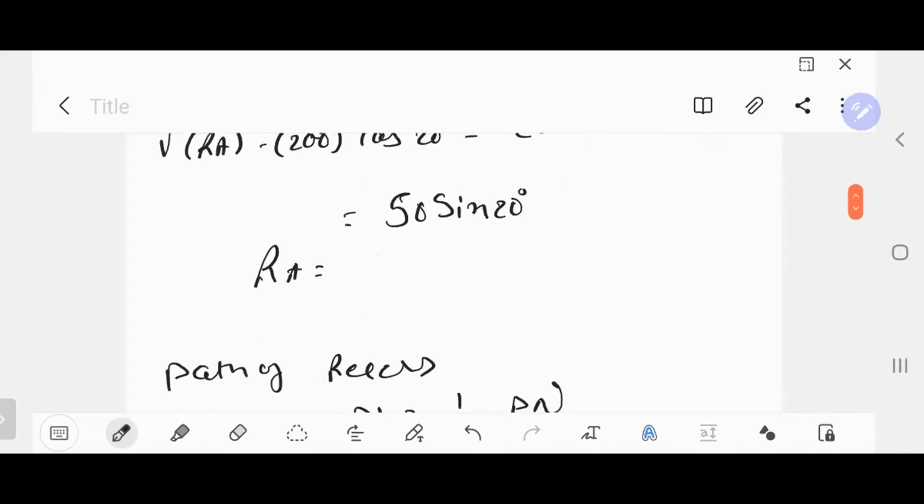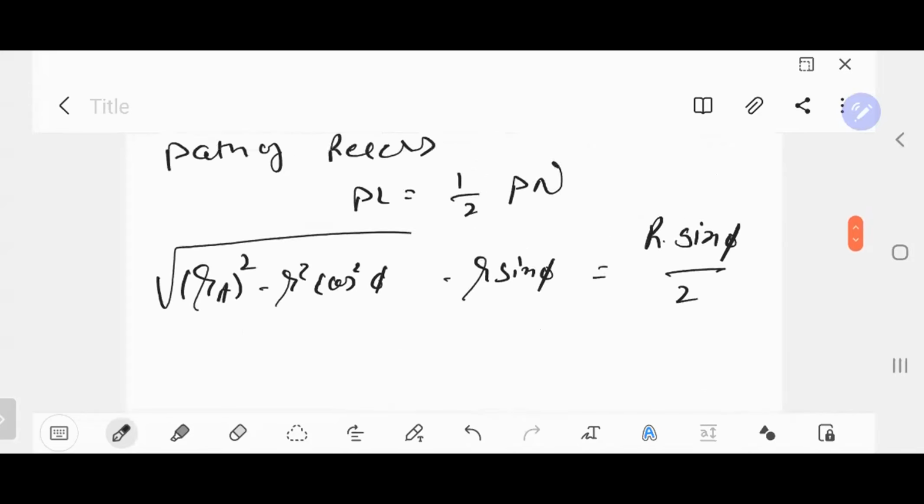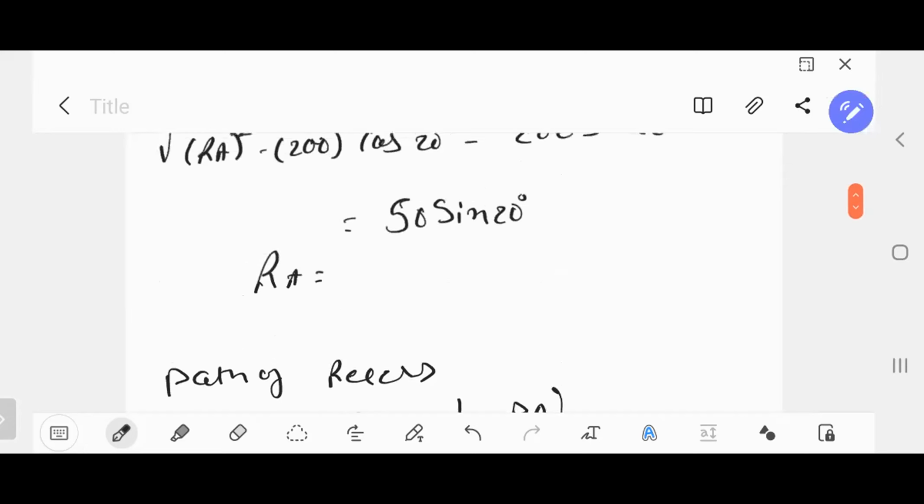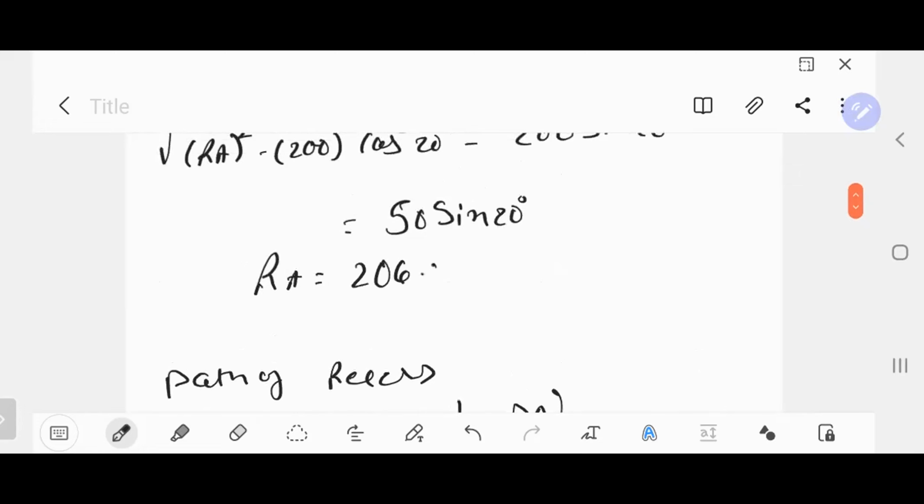Once you have the RA, also give me the answer for small ra. This is a similar equation again. RA is 206.5.